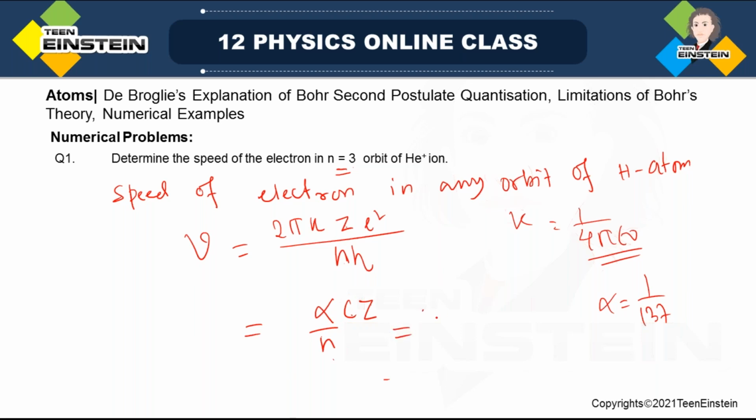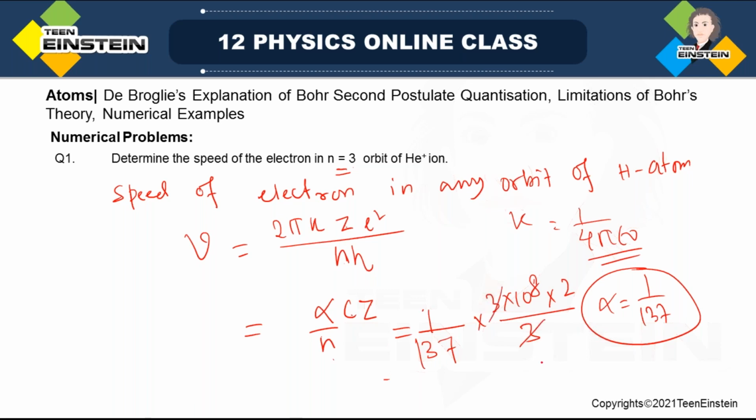Alpha value you know, 1 over 137. Then c means 3 into 10 to the power 8 meter per second, speed of light in the vacuum. And Z is 2, n is 3.